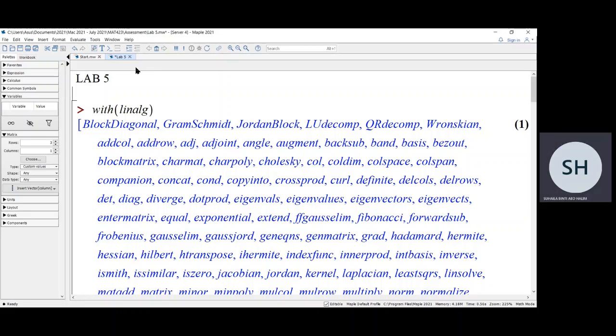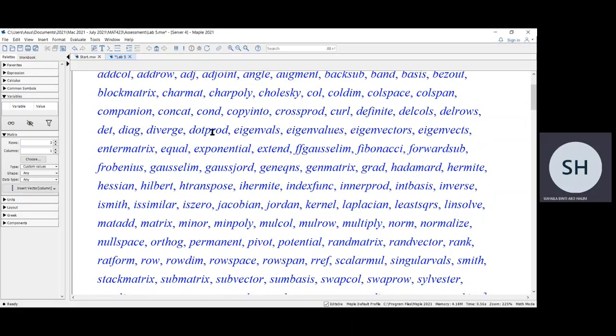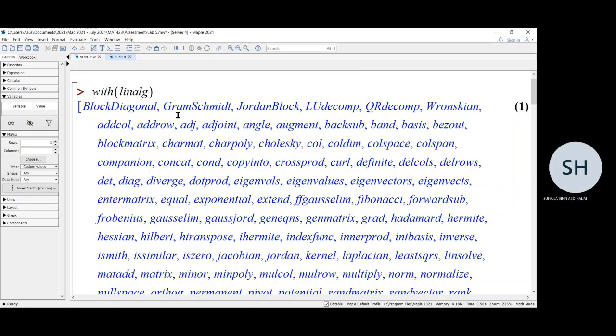In order to do all the operations, we need to call two libraries. First type in with(linalg). This is all the built-in functions that we have in the linalg package, right?